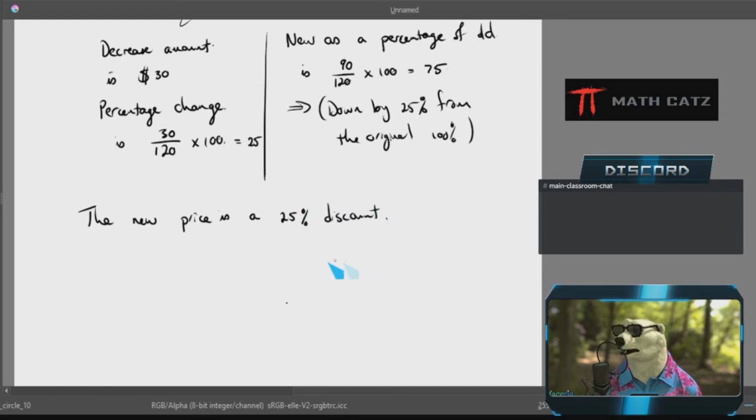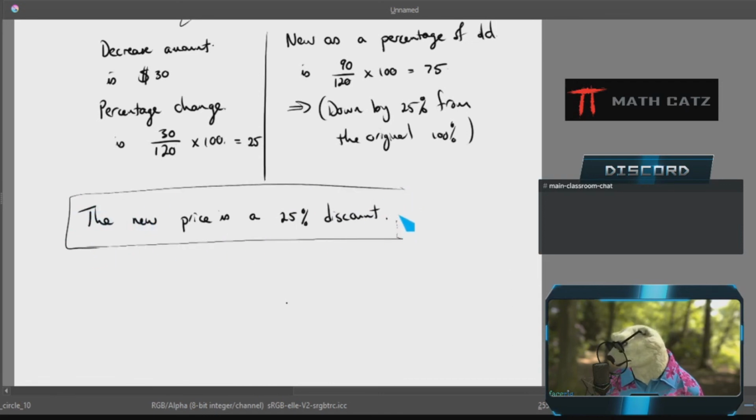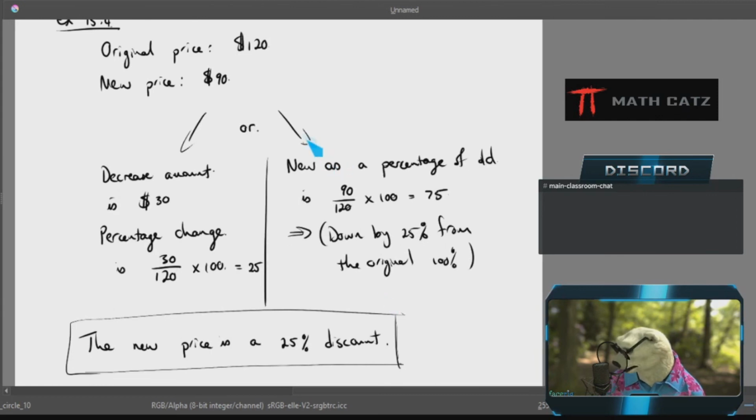Using their words, it's a decrease of 25%, however you want to phrase it. So it's good to know my options. How do I feel more comfortable going about this? But of course the end result is the same. All right.